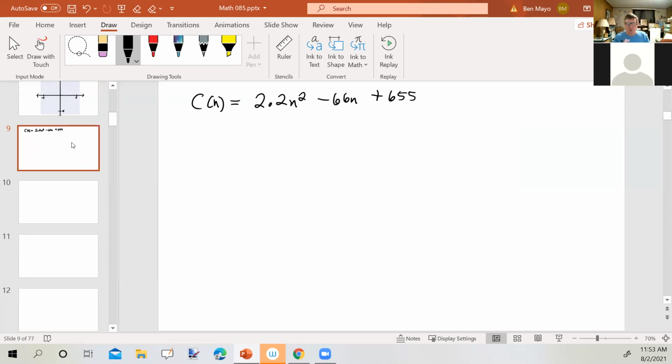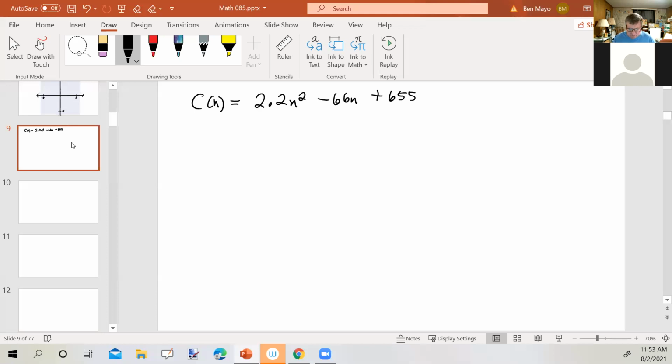Okay, so the cost C is dependent upon the number of minutes n that the machine is used. The question says, for what number of minutes is the cost of running the machine a minimum?